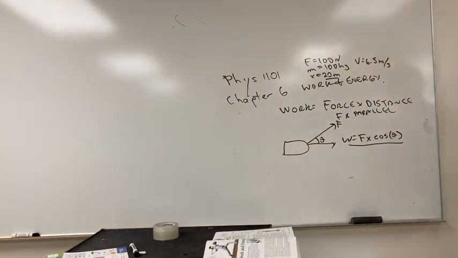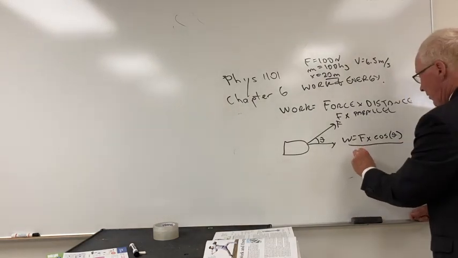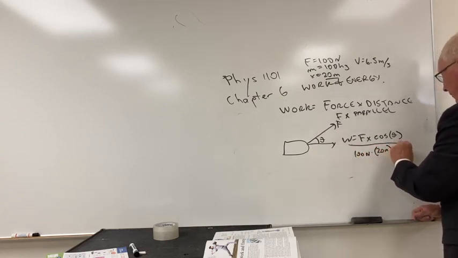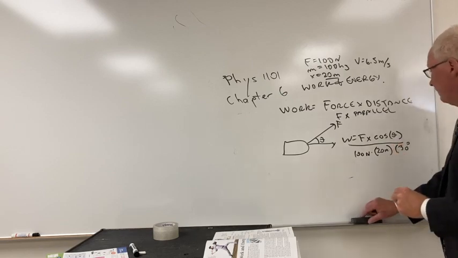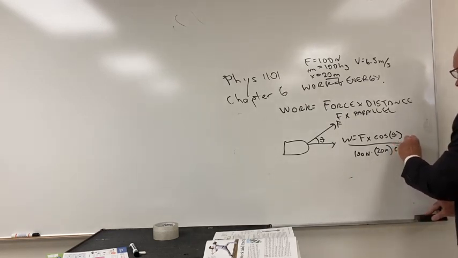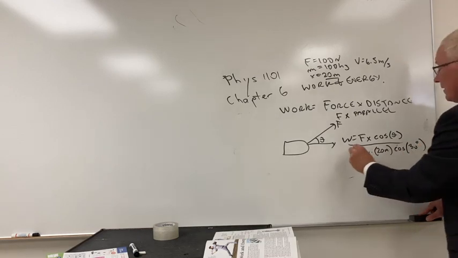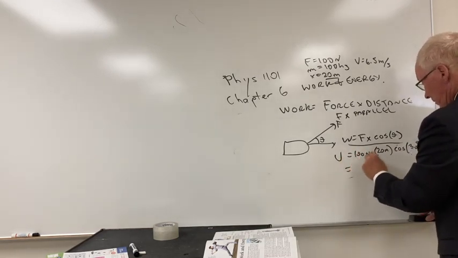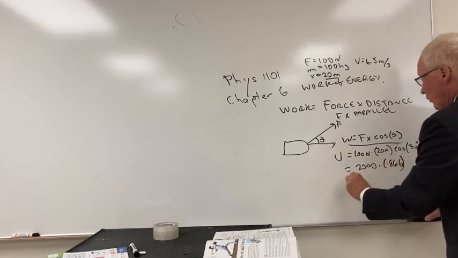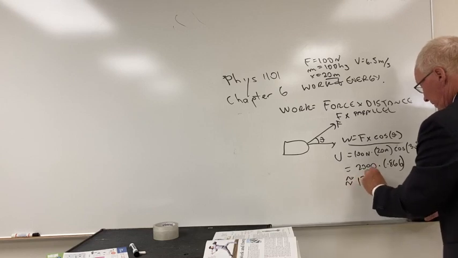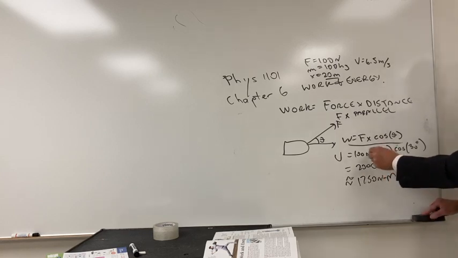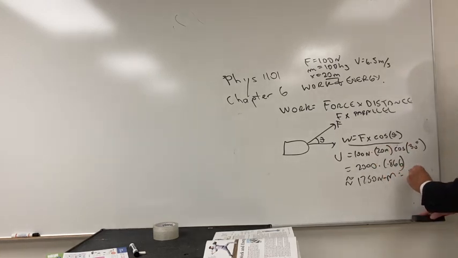So we'll have cases like this. Let's do an example. We apply a force of 100 newtons, pull it for 20 meters at an angle of 30 degrees. So, cosine of 30 degrees, that would be 2,000 times 0.866, which would be roughly 1,700 newtons times meters, because it's newtons times meter, which is what we call the joule.